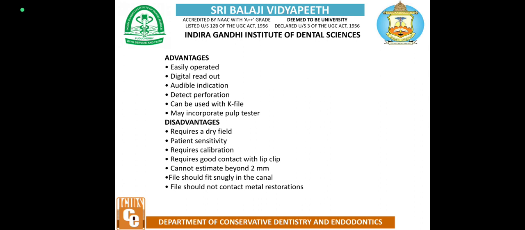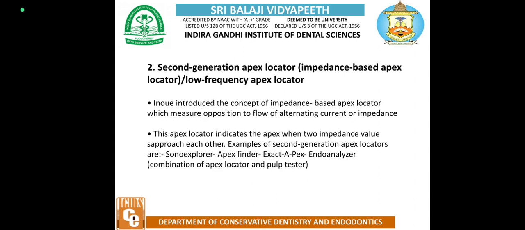Advantages: it is easily operated, digital readout, audible indication, detects perforation, can be used with K-file, may incorporate pulp tester. Disadvantages: it requires a dry field, patient sensitivity, requires calibration, requires good contact with lip clip, cannot estimate beyond 2 mm, file should fit snugly in the canal, file should not contact metal restoration.